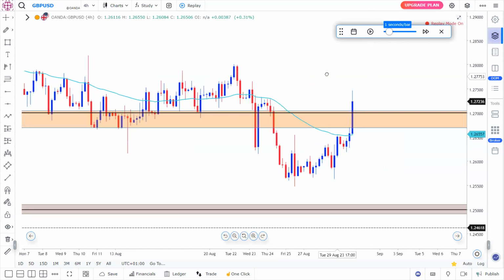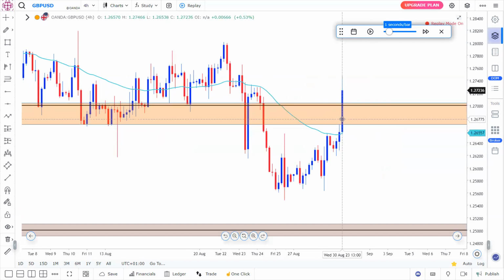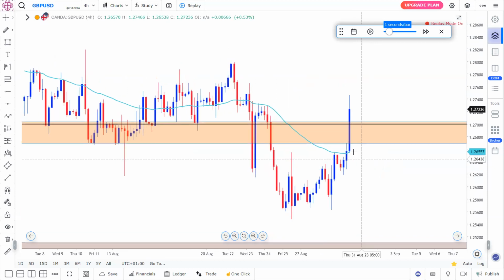And then just as we approached my area of interest, we noticed this very fairly bullish candlestick.